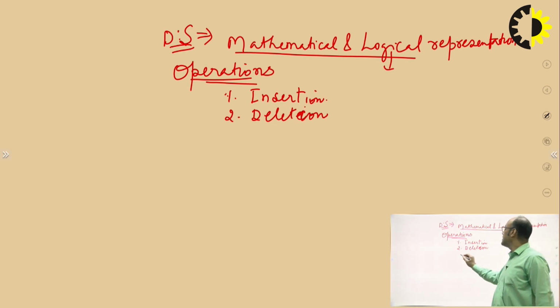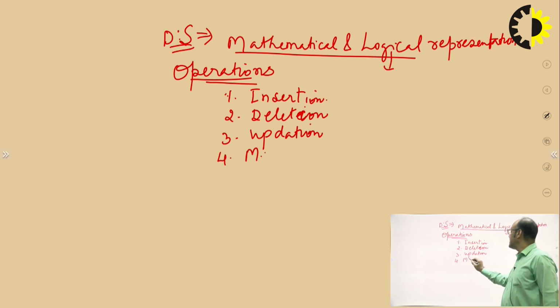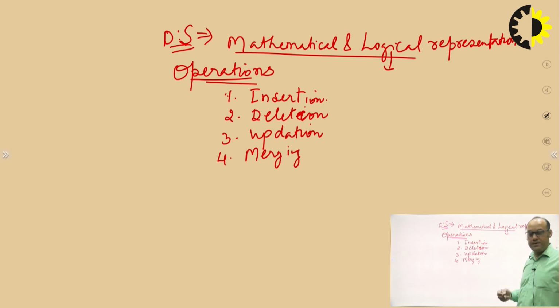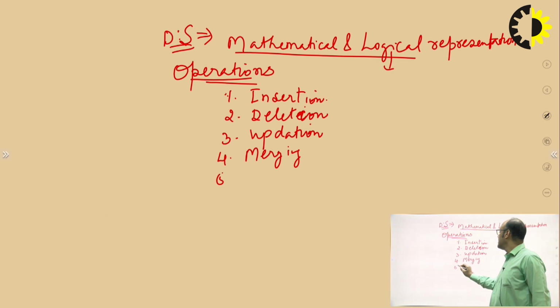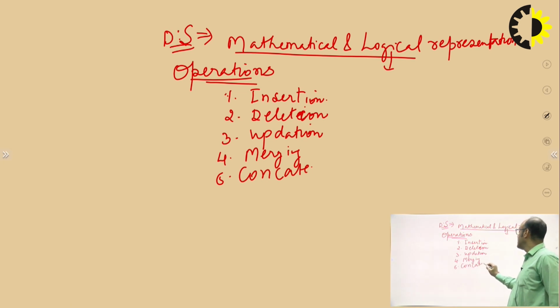Several times we need to update the data, updation. We need to merge the data, merging. We need to add some information, and that operation is called concatenation. So, there are a number of operations that need to be performed.